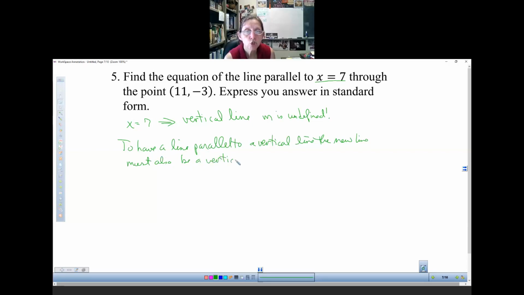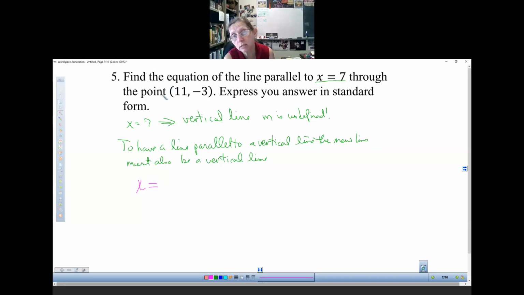Okay. So since it's a vertical line, the slope is undefined. That makes it a little bit hard to write it using the point-slope form. We just want to write our answer in standard form, which this is standard form, okay? So my new equation is going to be x equals something, and it's got to pass through this point.